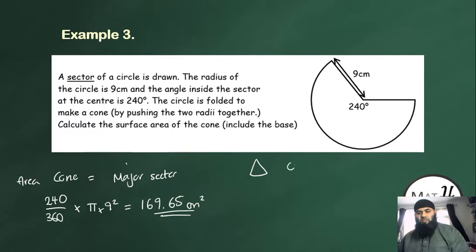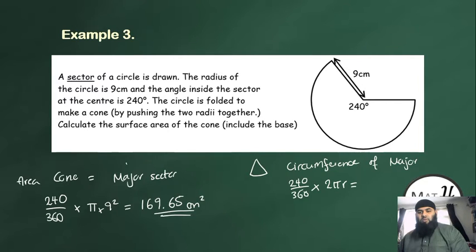The circumference of the major sector is going to be, in terms of fraction, 240 over 360, because that's how much we have of a circle, times 2 pi r. So this is our circumference of the major sector.